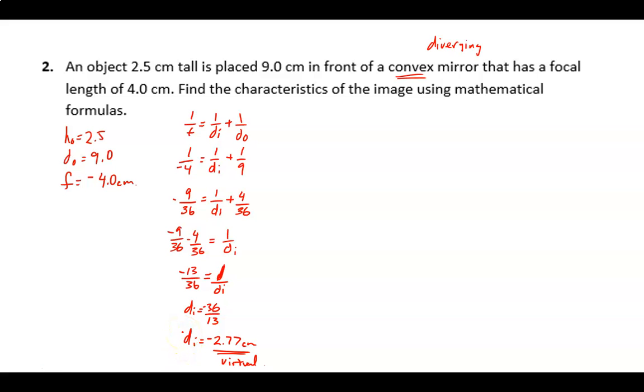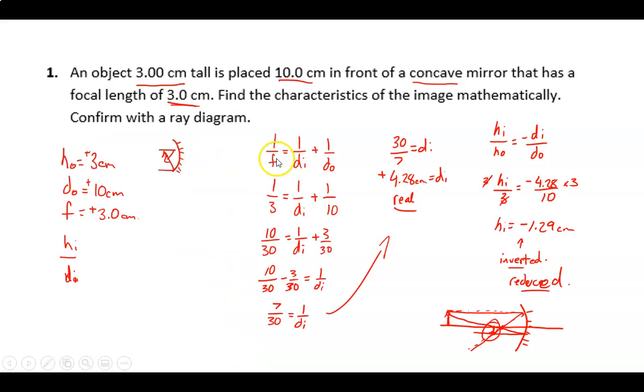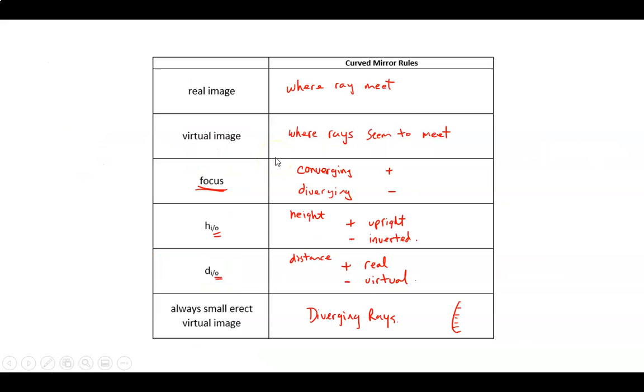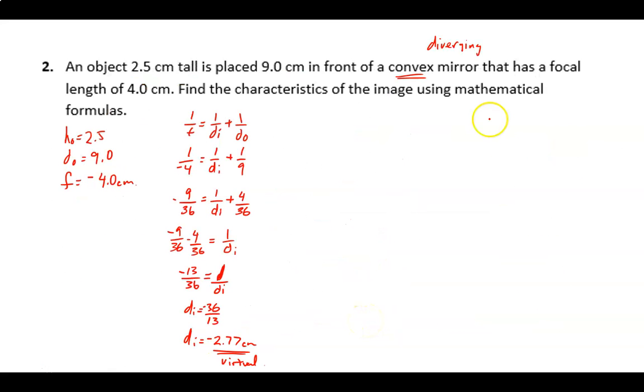Now, if you were really thinking about it, you probably remembered that always the small upright virtual image was caused with diverging rays, and we had diverging rays here. And so you might jump straight to the fact that it's going to be upright and it's going to be smaller. We're going to just verify that mathematically using hi over ho is equal to negative di over do.